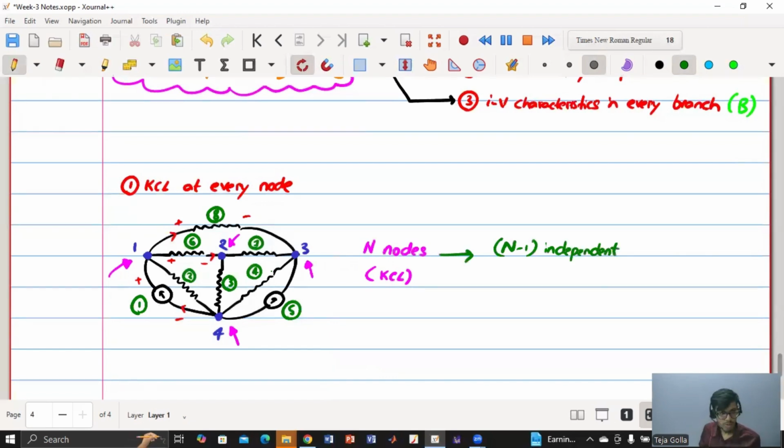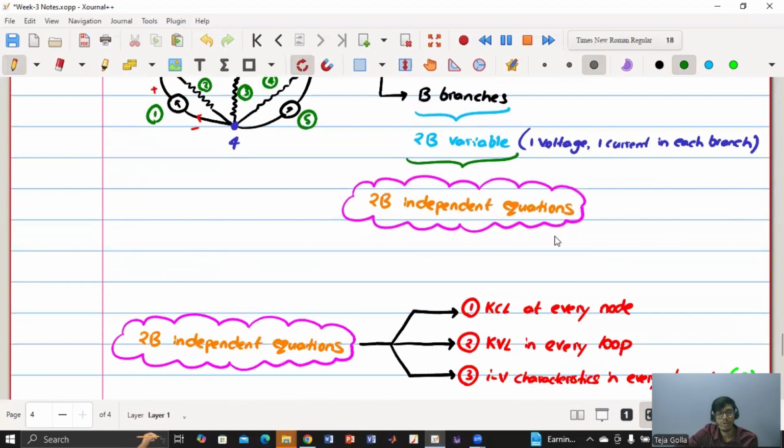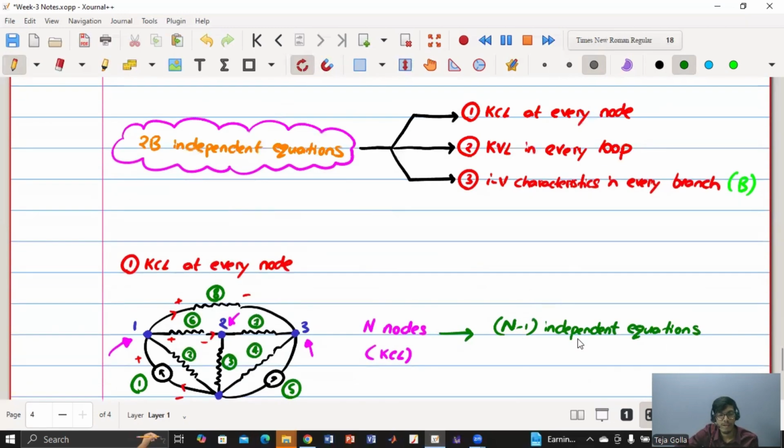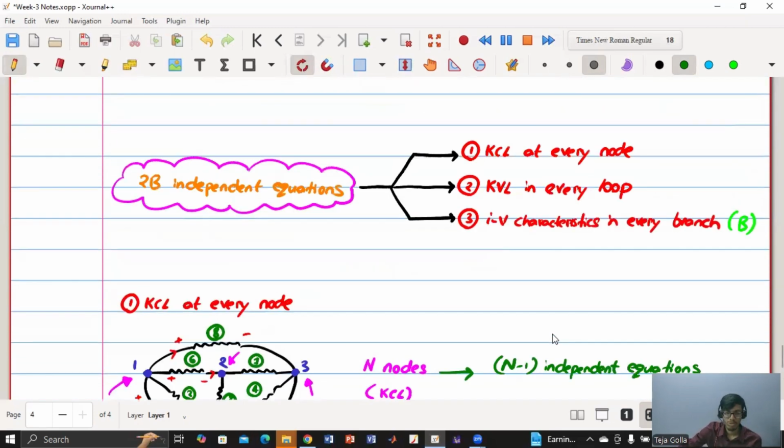I'm not going into that much detail, but n minus 1 independent equations. So KCL is dependent on the nodes because you apply at every node. And once you do, you will get how many equations? N minus 1 independent equations.